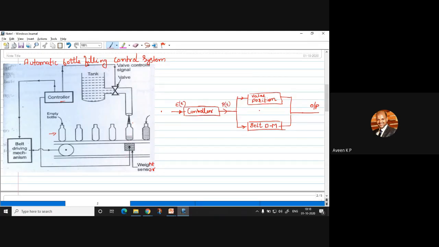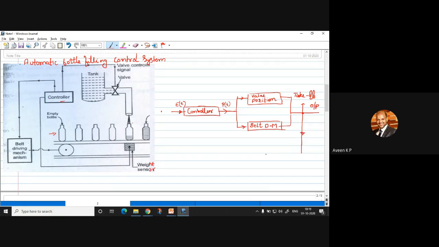So always the feedback will be taken. This point we call the takeoff point. We are taking the signal, that is the output signal, that is the weight. So the direction will be opposite, this is the reverse path.